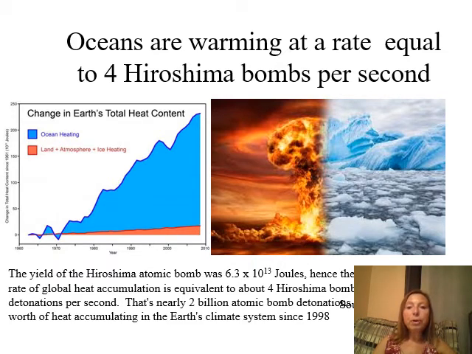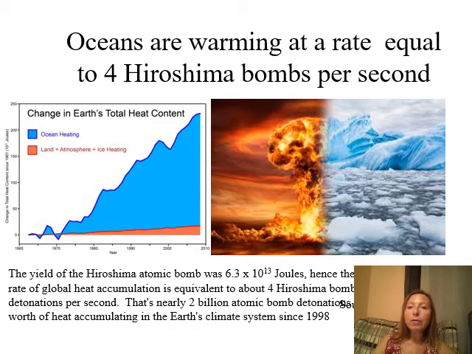So the majority of this energy, the majority of this heat is ending up as ocean heating, and then only a very small part of it is going to the land, the atmosphere, and the ice heating. But it is leading to drastic changes in the ocean that are still contributing at a much slower rate to the changes in the climate system.